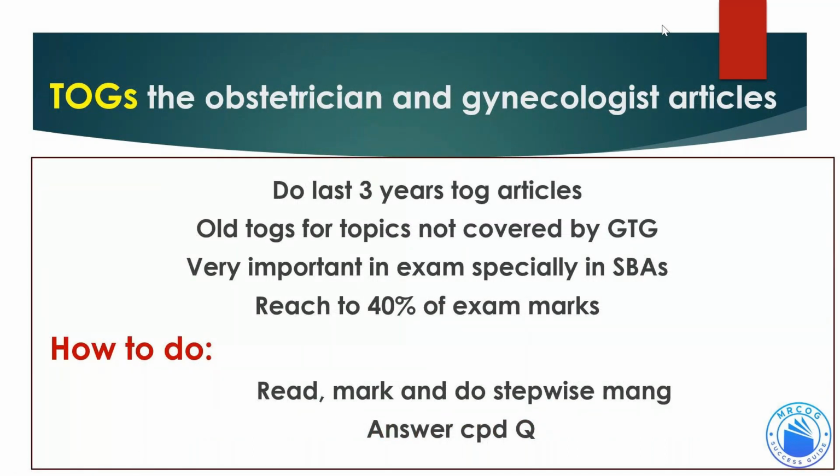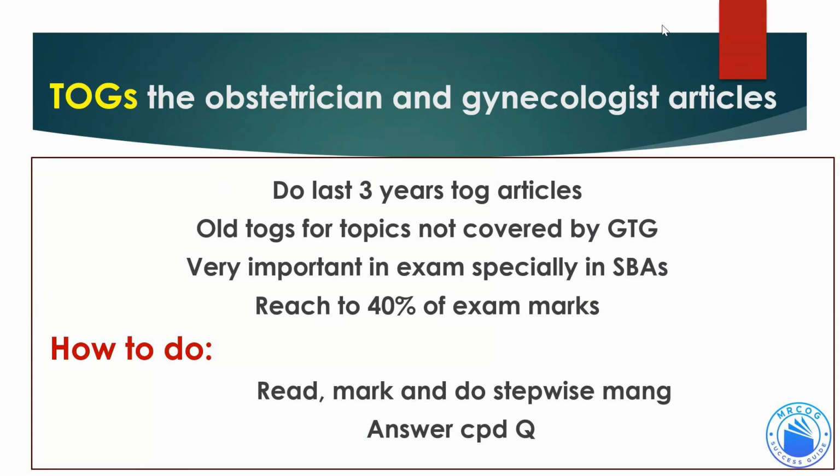After that, the most important point, and the one missing from your side before the exam, which has been critical especially in the last 3 years of the exam, is the TOG articles. The TOG articles are articles released yearly by a UK magazine called The Obstetrician and Gynaecologist.